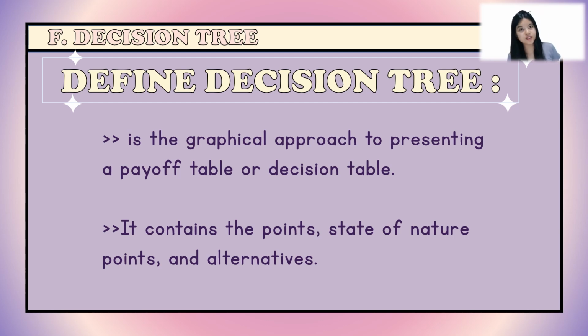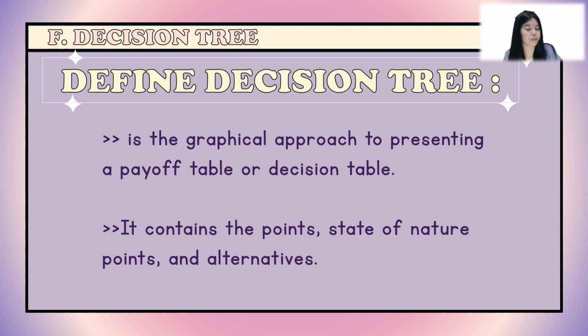Kapag gagawa tayo ng decision tree, we should consider the 3 different nodes: the decision node, the chance node, and the alternatives. The chance node is represented by the circle, which shows the probabilities of the outcomes. The decision node is represented by the rectangle, which shows a decision to be made.